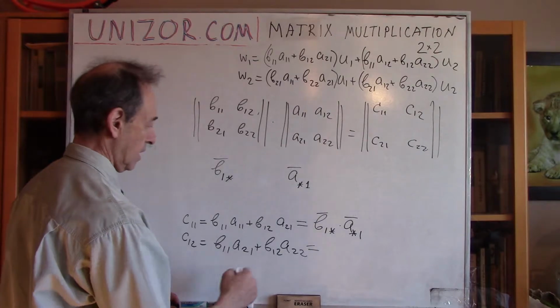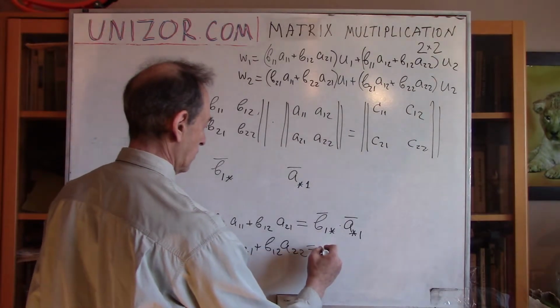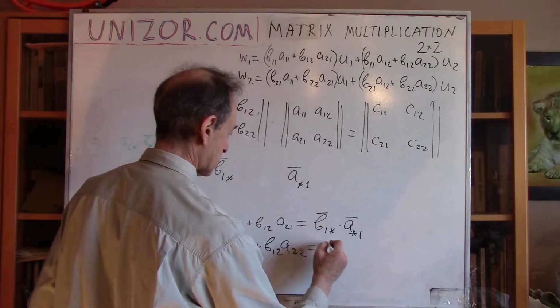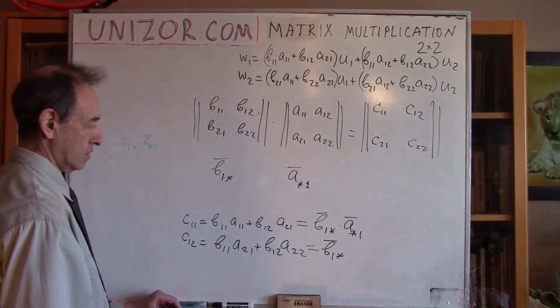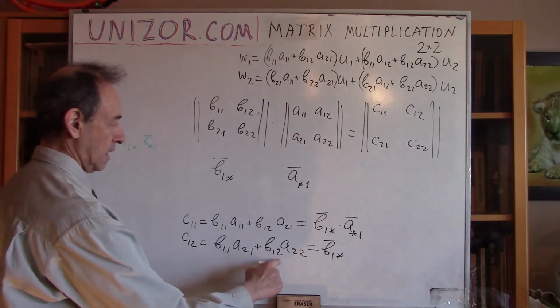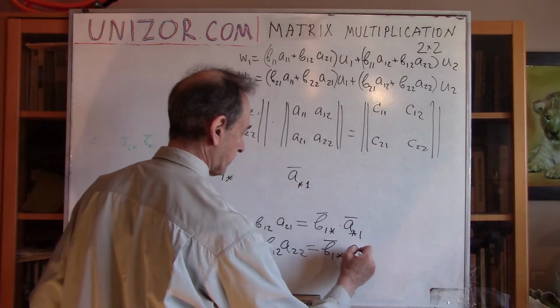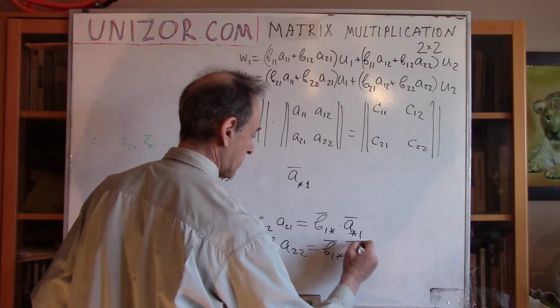I shouldn't really, but that's what it is, which is B1 asterisk, the first row vector, and the second column of the A matrix.